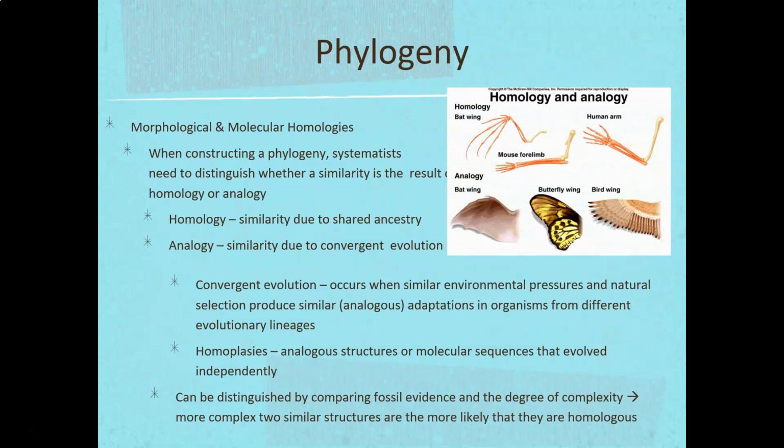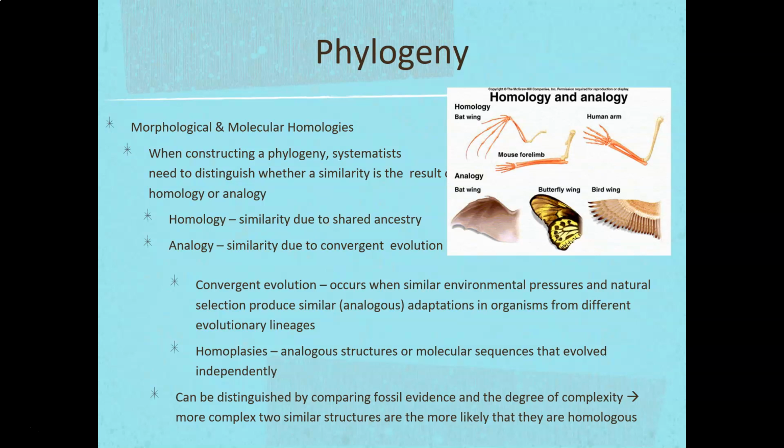We look at convergent evolution, and now we're looking at similar adaptations in different species that don't share a common ancestor without going really far back into history. But they share a similar niche in their environment. So this is convergent evolution: the bat wing, the butterfly wing, and the bird wing. The way they're structured and the way they develop from embryo to adult is all different, but they have all converged on this wing structure because they all fly.